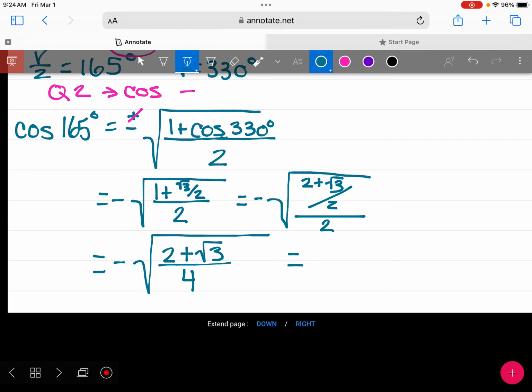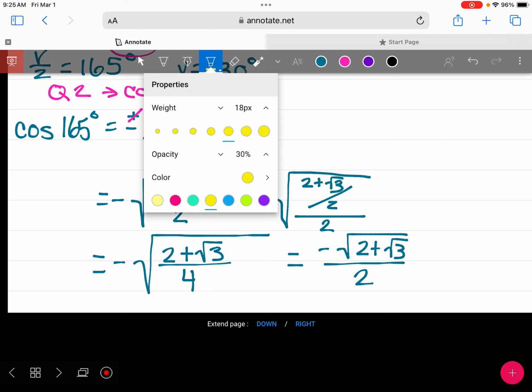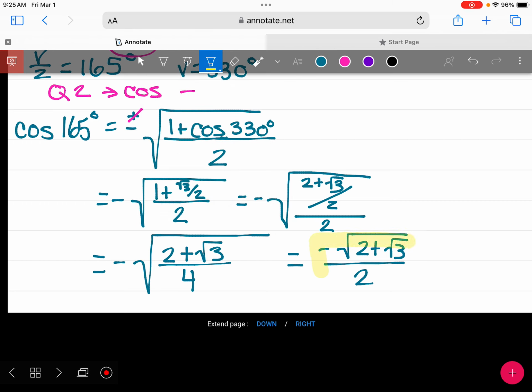Which means I can take the square root of that denominator. And we can just have our negative square root of 2 plus the square root of 3 over 2. It is still best habits to not have radicals in the denominator. There's going to be times when it's super gross, so we're going to leave them there. But when it's possible and not super hard, like square root of 4, we're going to rationalize or simplify.